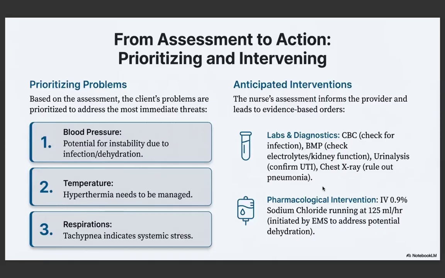By prioritizing those problems, we know what's most important and what we have to monitor a little bit more frequently, or maybe go back and tell a provider, hey, X, Y, and Z treatment isn't working to lower this individual's blood pressure. Maybe we should try X, Y, and Z. You know what I mean? Or if A, B, and C isn't working, let's try X, Y, and Z. That sort of thing.